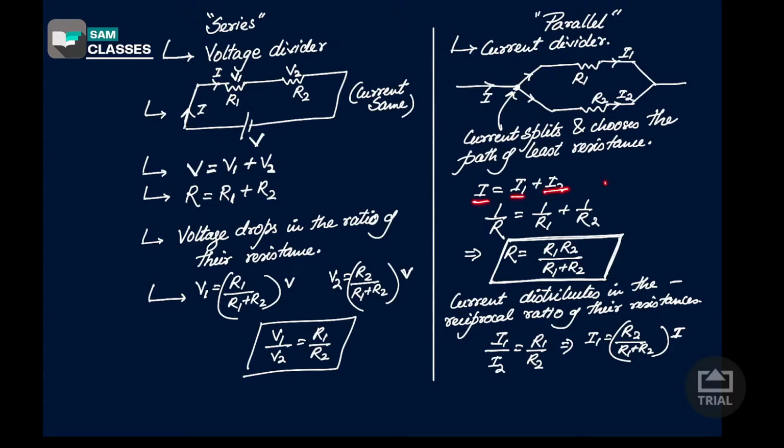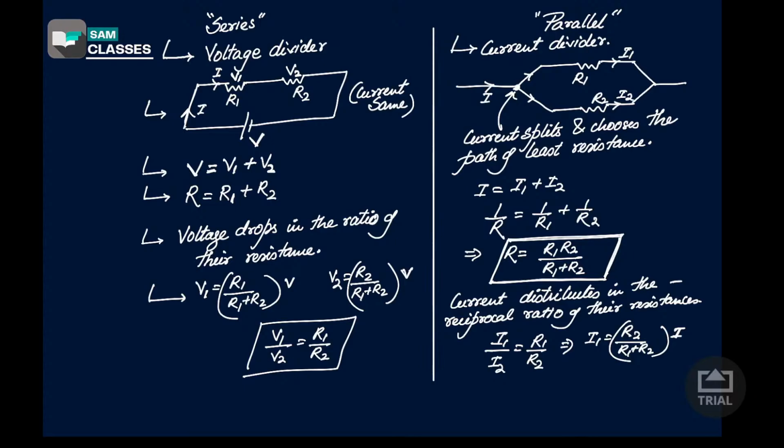So V is equal to IR. And here I is equal to V by R1 plus V by R2. And this I is equal to V by R. So V cancels, we can get this formula. We have also done this in class 10th, correct?